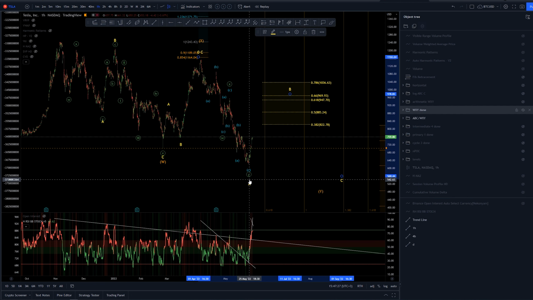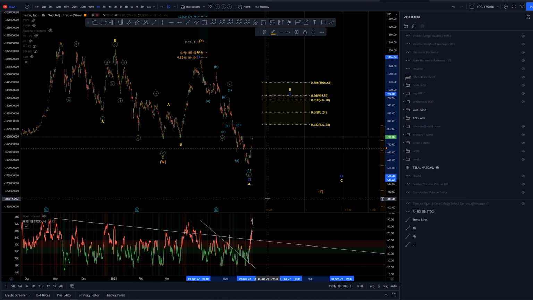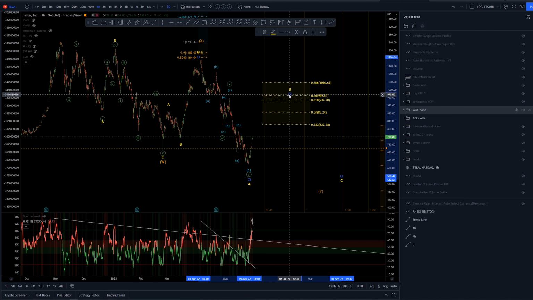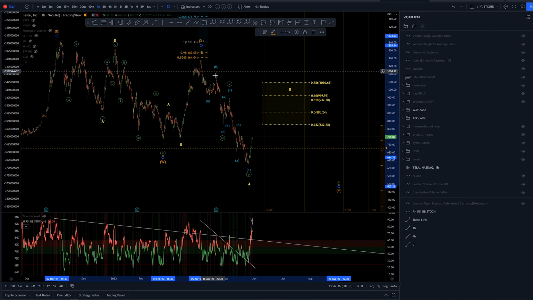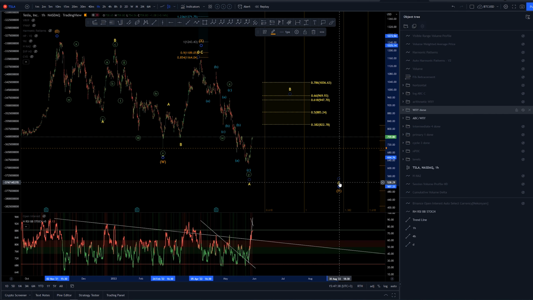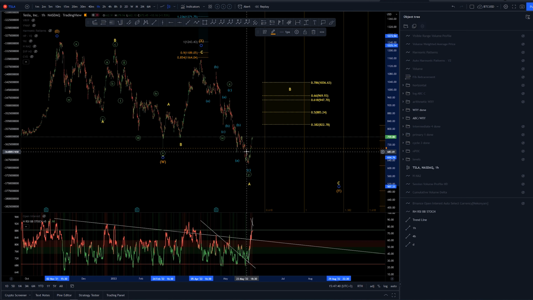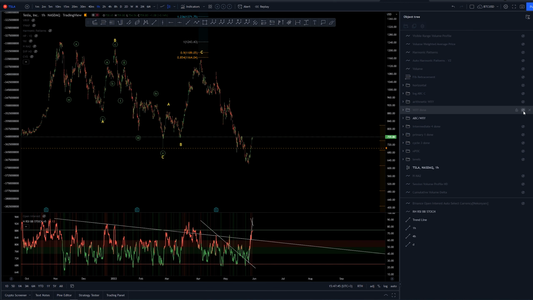So instead I would like to say that this could be the A wave, and now we would be looking for B and then another correction to C. At this point again we would be looking for C to go lower than the A wave, just as a base. Yeah, that's pretty much that one.